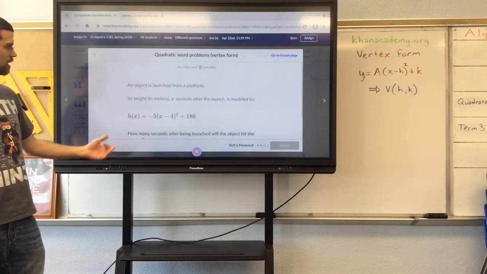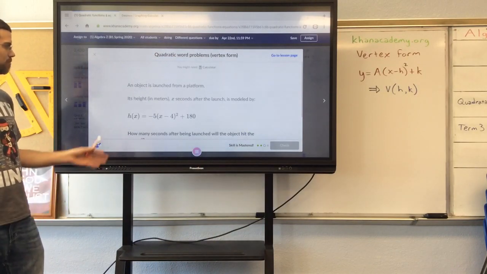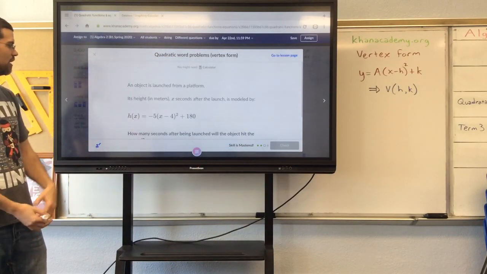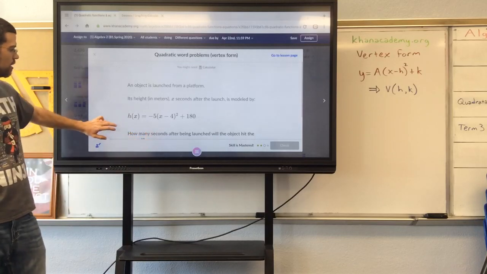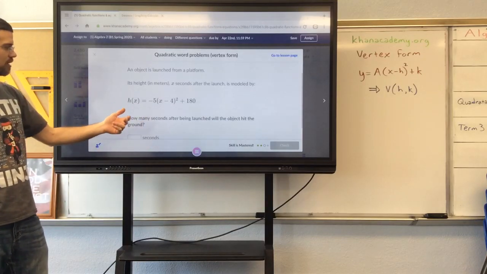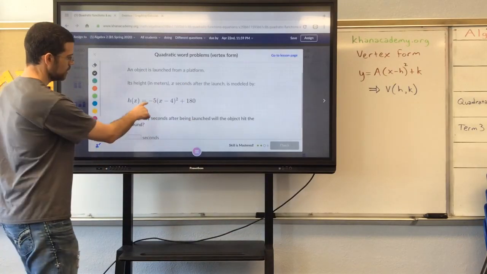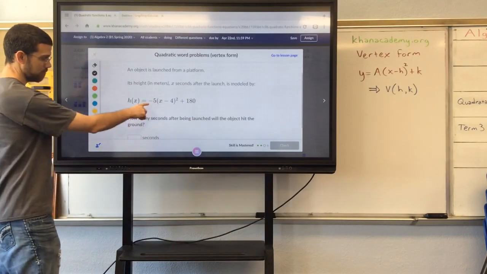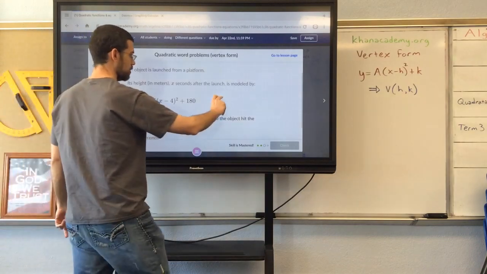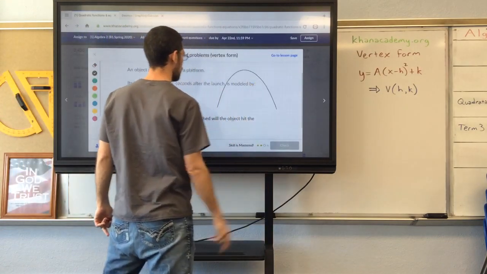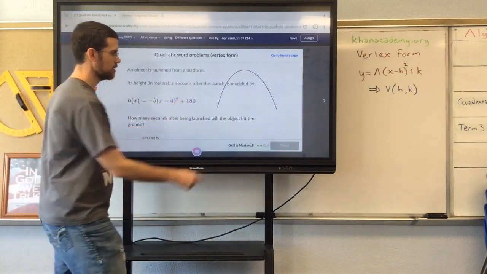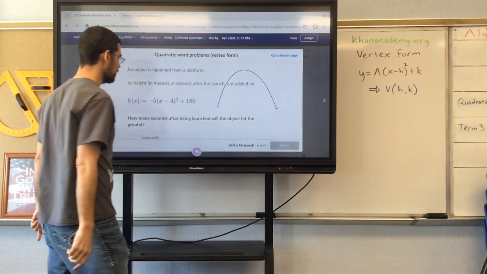Next problem, an object is launched from a platform. Its height in meters x seconds after the launch is modeled by this. The question is, how many seconds after being launched will the object hit the ground? Okay, this parabola also opens down because we have a negative leading coefficient. So at some point, it hits the ground, right over here.